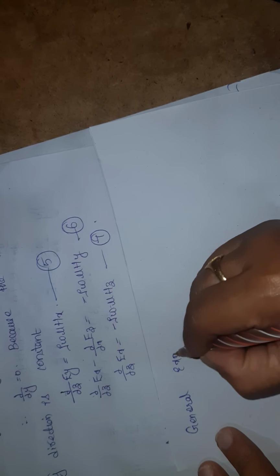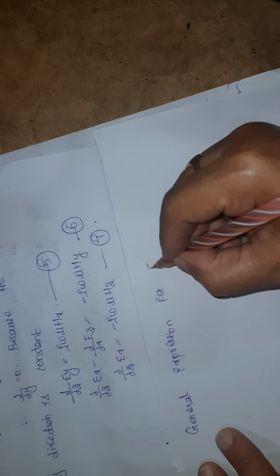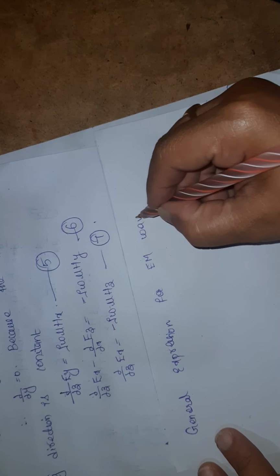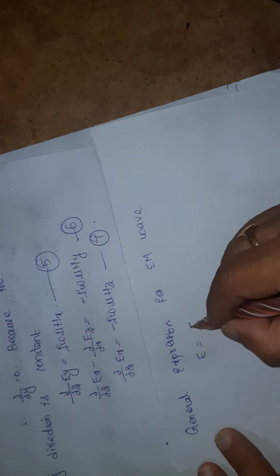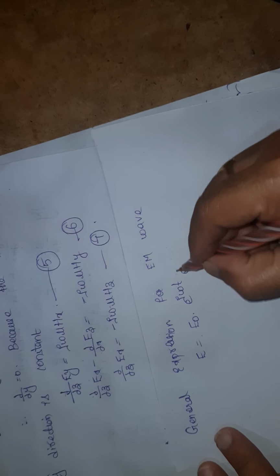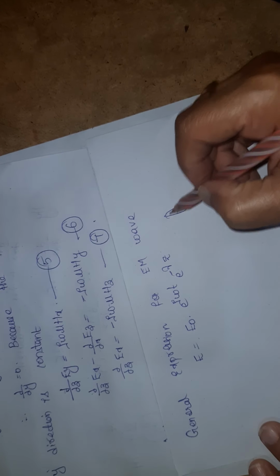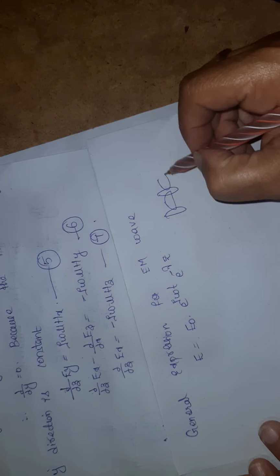So the general expression for an EM wave: an electromagnetic wave is represented by considering the harmonic wave, that is exponential terms. We have to consider harmonics. Harmonic means every electromagnetic wave, electric field to magnetic field, and magnetic field to electric field, these transformations can be done.